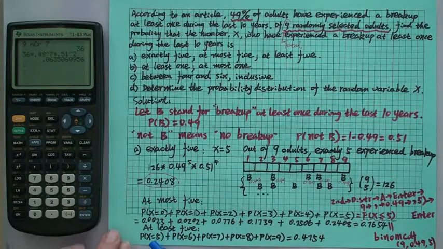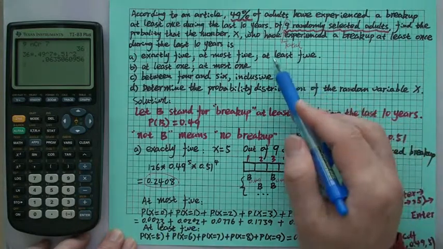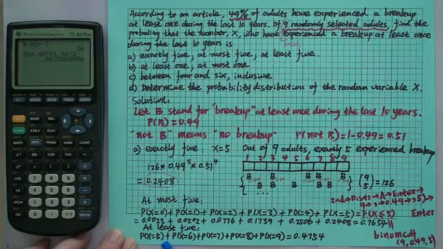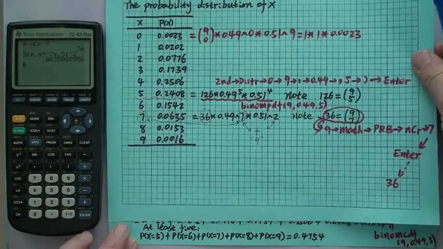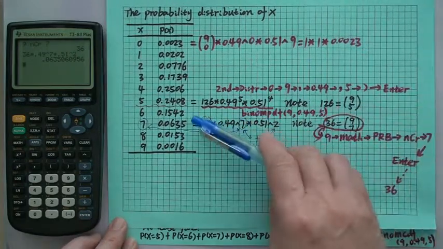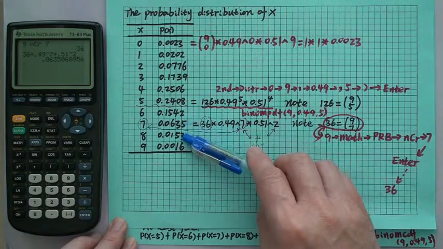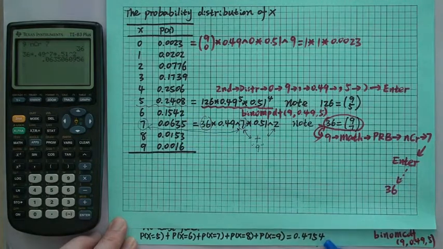Now, how about at least 5? At least 5 means greater than or equal to 5. Then you add all the cases from 5, 6, 7, 8, 9 together, 5 numbers, and you should have 0.4754.